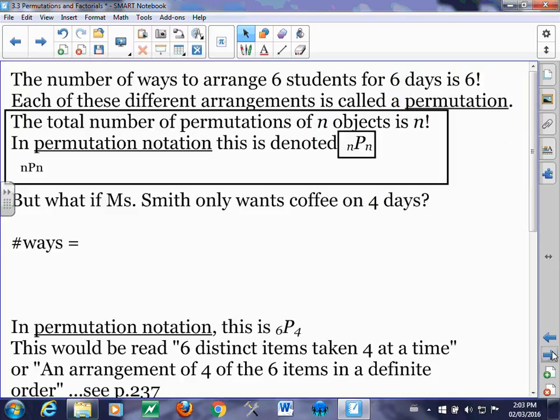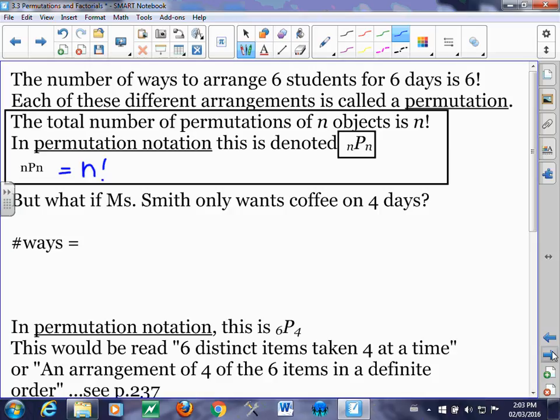So the number of ways to arrange 6 students for 6 days is 6 factorial, like we mentioned. Each of these different arrangements is called a permutation. The total number of permutations of n objects is n factorial. So in permutation notation, this is denoted by nPn, and in this case nPn equals n factorial.